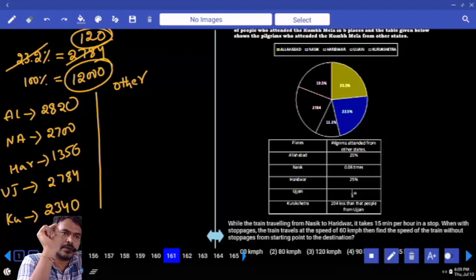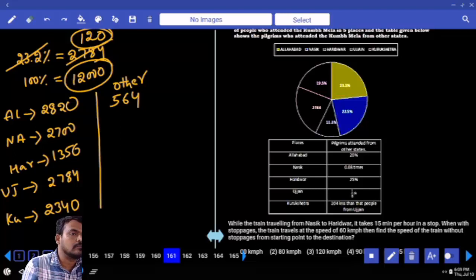When that value is subtracted, we get the local members. Out of 2820, 20% are which ones? Other states. Subtracting, the remaining are local members. What is the 20% of 2820? 564.